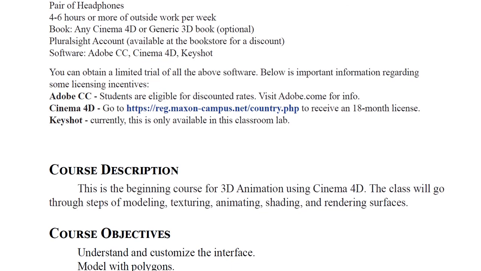We'll be using Cinema 4D. If you go to this website, you can register and get a free 18-month license of Cinema 4D. Don't wait until you want that assignment, like it's Wednesday night or Sunday night and you're trying to turn in an assignment for Monday. Don't wait until then. Download it now, get it registered, get it set up on the computer. That way you know that you can use it if you need to.